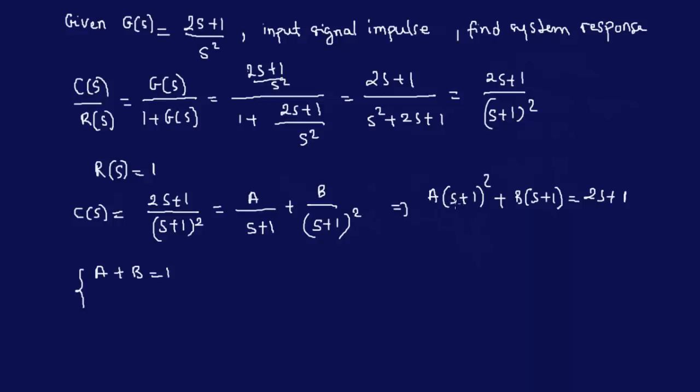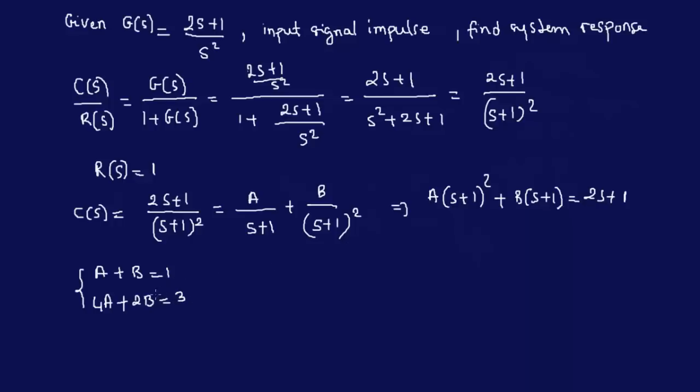Now let's assume another s. You can't put minus 1, because then the whole thing would be 0 and you don't want that. If you have s + 1 here, minus 1 will make it 0, so you have to choose another number. Let's pick 1. If s equals 1, you have 1 + 1 is 2, and 2 squared is 4, so we have 4A + 2B = 3.